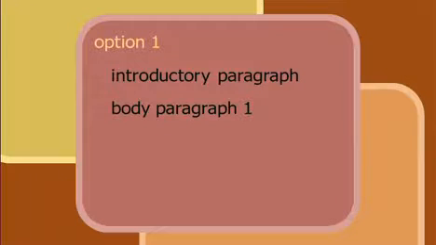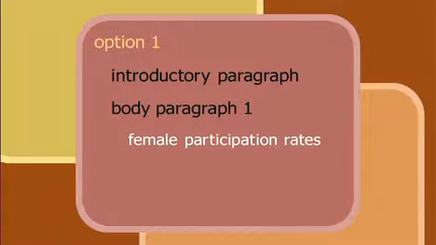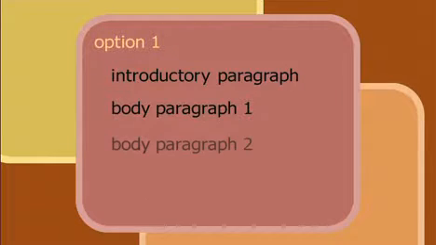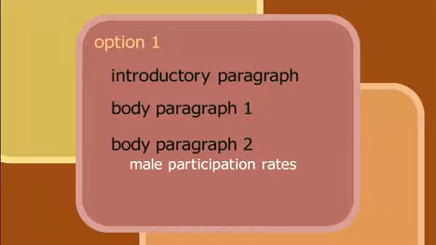In the first, you might address female participation rates for each location: urban, rural, and remote. In body paragraph 2, you'd talk about male participation rates for each location: urban, rural, and remote.